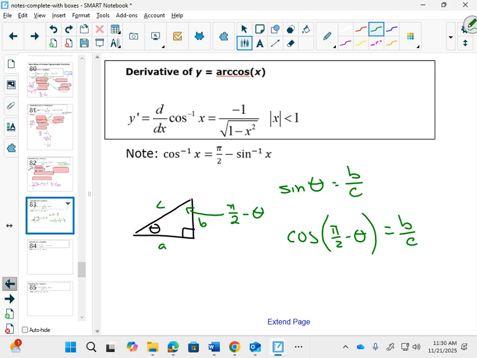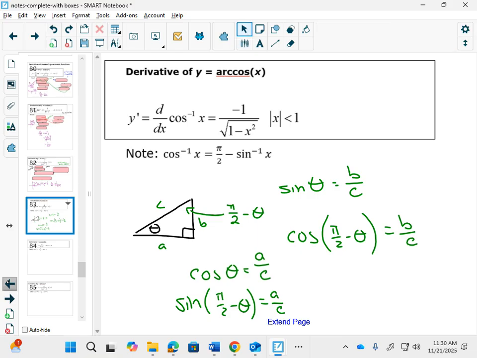So because of that, anytime you want to find cos inverse, or, in this case, if I said cos of theta is adjacent over hypotenuse, then sine of pi over 2 minus theta is also A over C. It'll always work out that finding the inverse of the angle will just be, if you found sine inverse of the angle, okay, it's the other one.